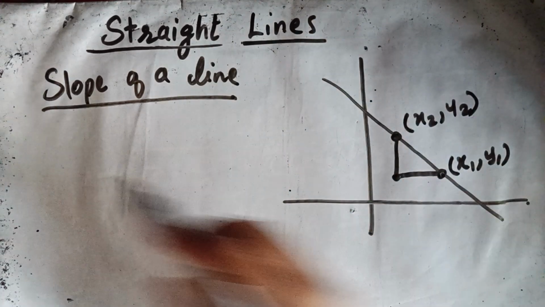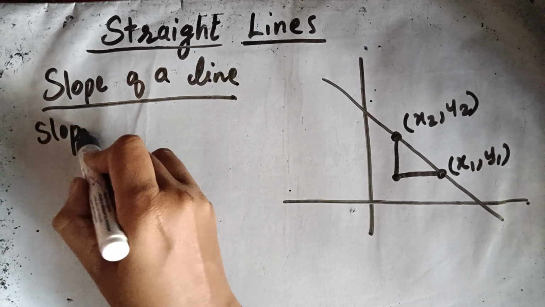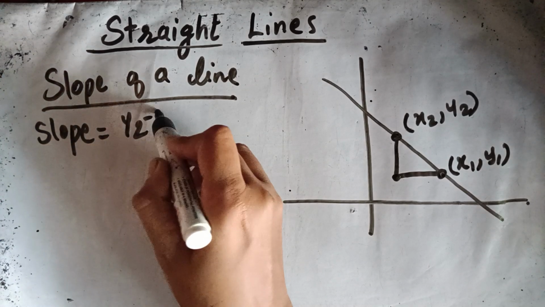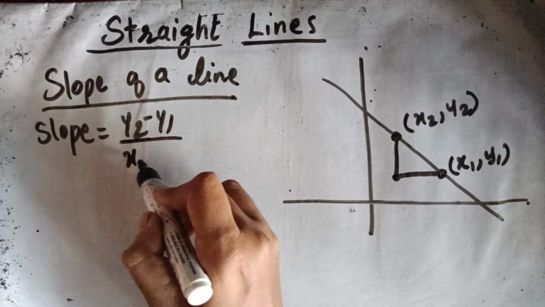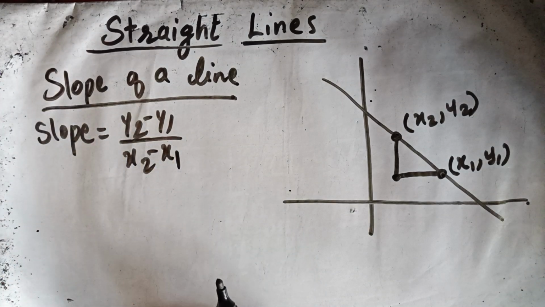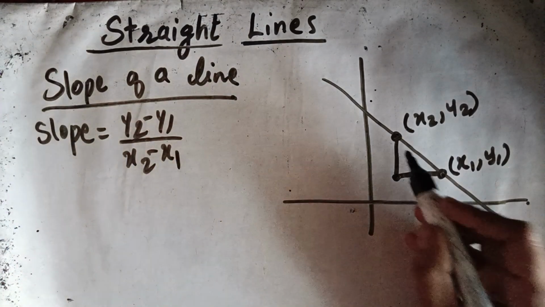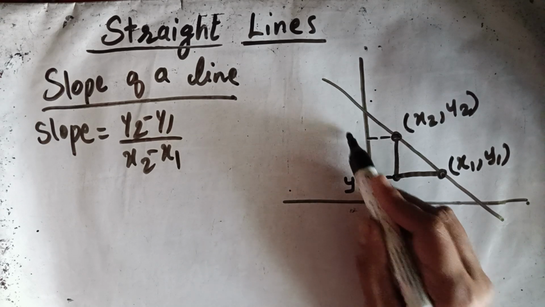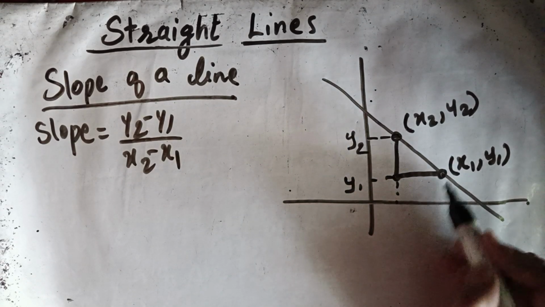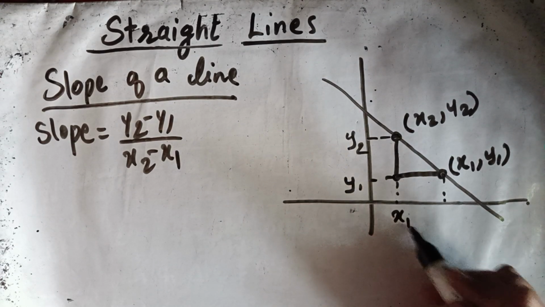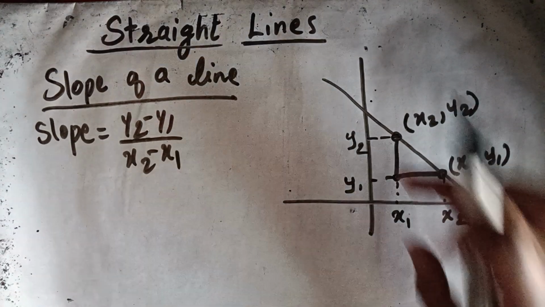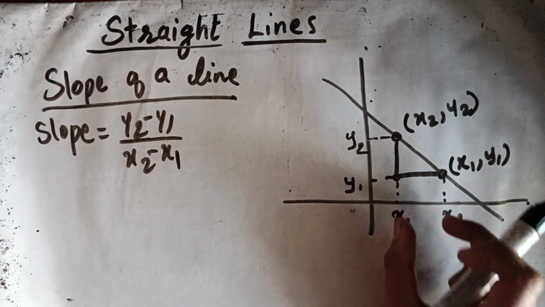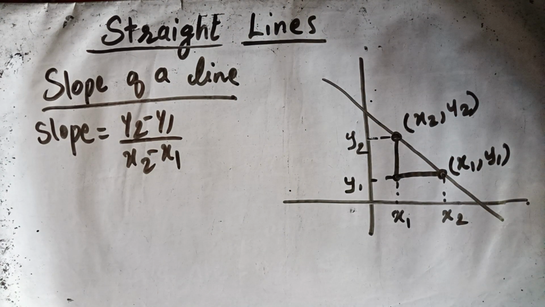We write the slope as (y2 minus y1) upon (x2 minus x1), that is, the change in y with respect to the change in x.